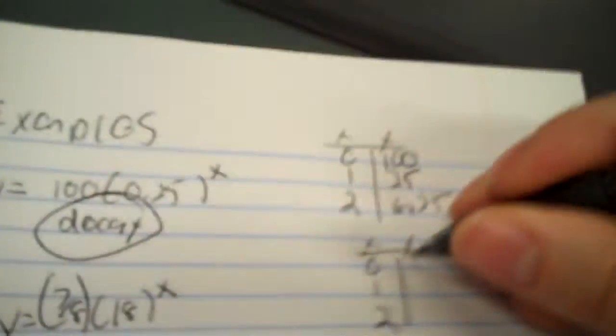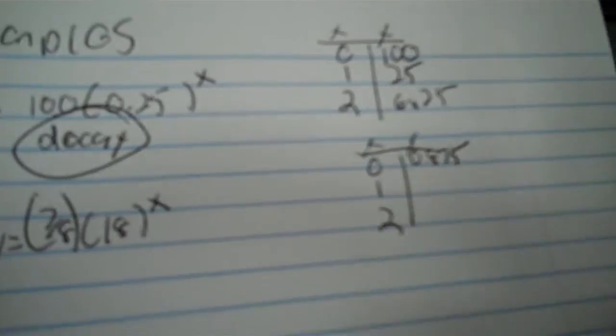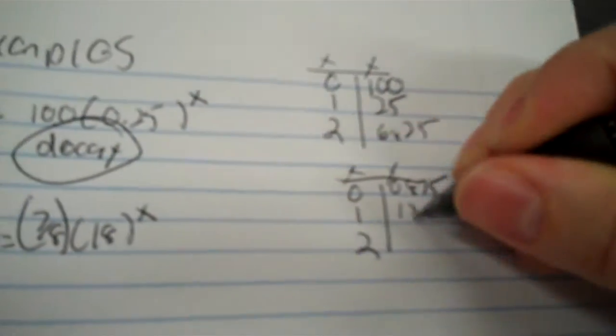Okay, 0.875. Okay, next one, to do a fraction, just hit that and go 7 divided by 8, close the parentheses, then a parentheses next to it, 18 to the power of 1. Okay, 15.75.